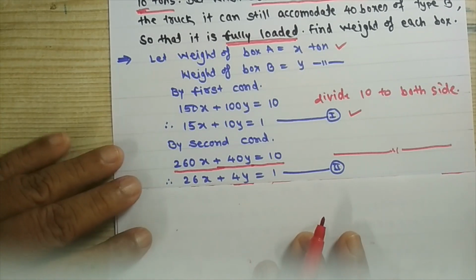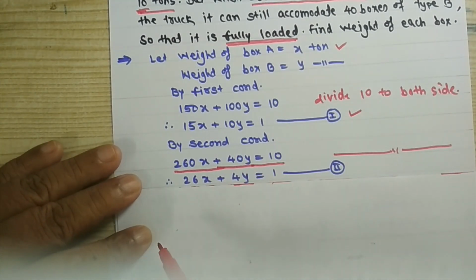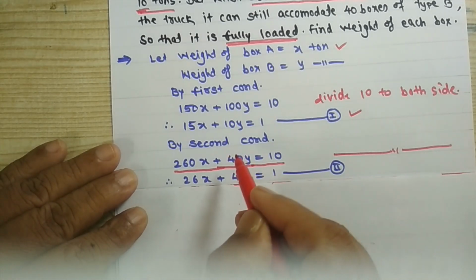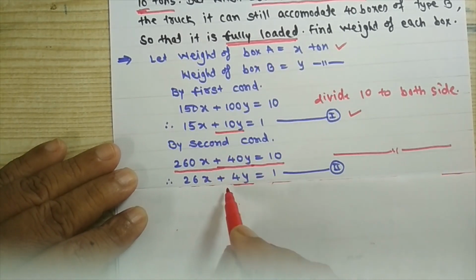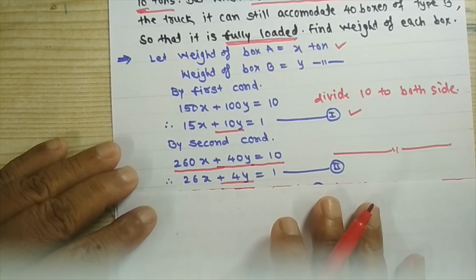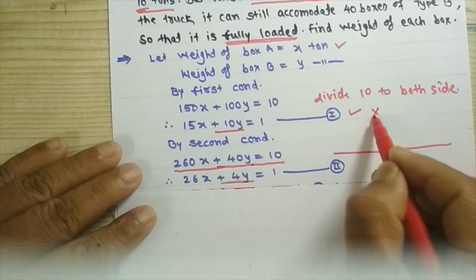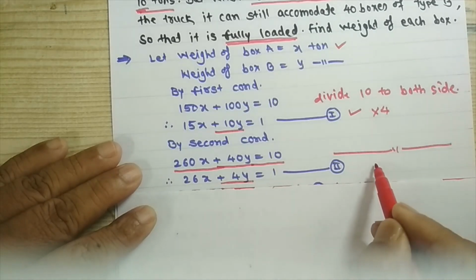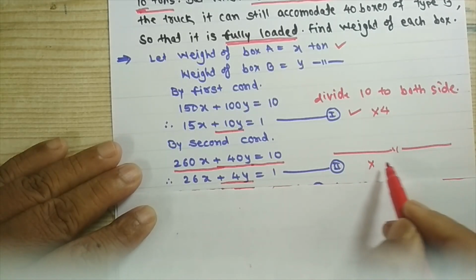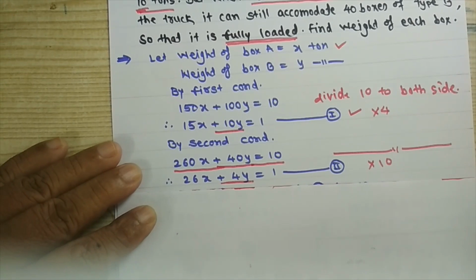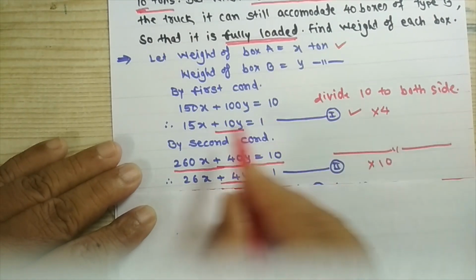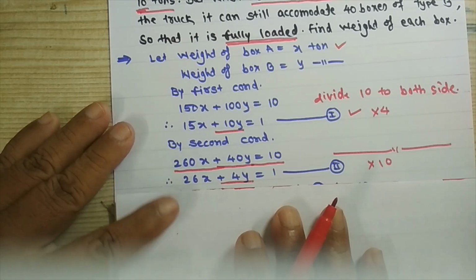Okay, these two equations we got here. See here, these coefficients are smaller coefficients, 10 and 4. Therefore we have to multiply equation number 1 by 4 and equation 2 by 10. Firstly we have to multiply and then we see the condition.